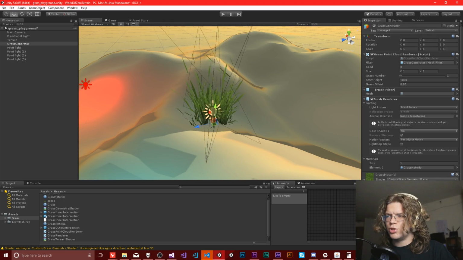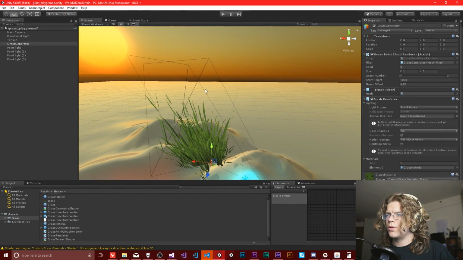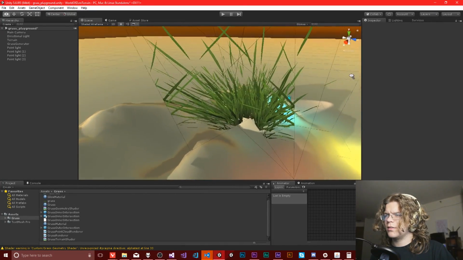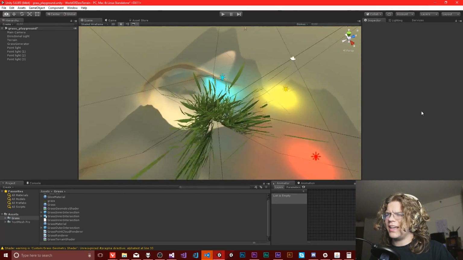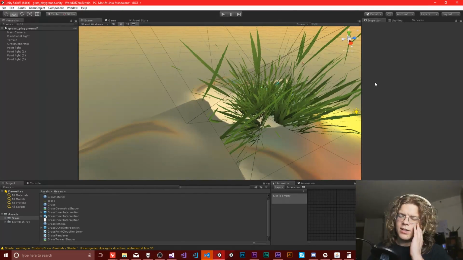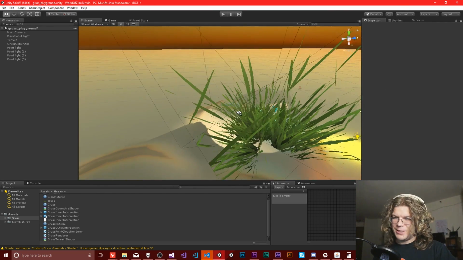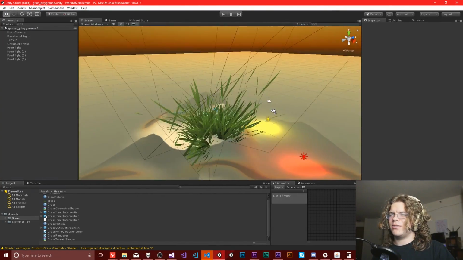Let's make it huge. Weird clipping issues, but other than that... Yeah, so there's like extra grass being added here. So it's not totally correct. And that's bugging me. Because I was really hoping it would be. And we're getting like weird stretching.